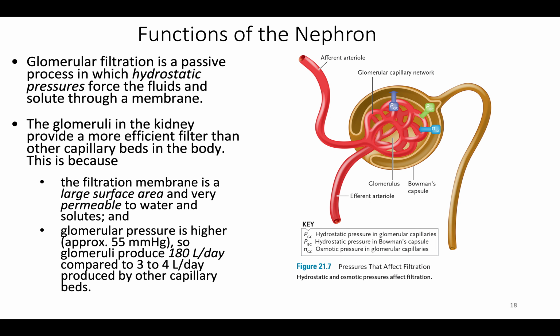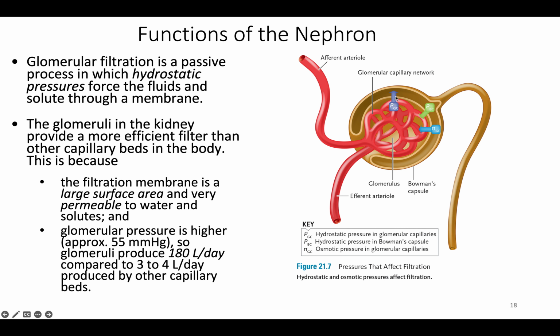So the rate of glomerular filtration is going to be dependent on multiple different sets of pressures, right? Here we have the pressure that's going out. That's the hydrostatic pressure in the capillaries, pressure forcing outward. We also have hydrostatic pressure in the Bowman's capsule, as well as what we call osmotic pressure or osmotic pull of water in the glomerular capillaries.